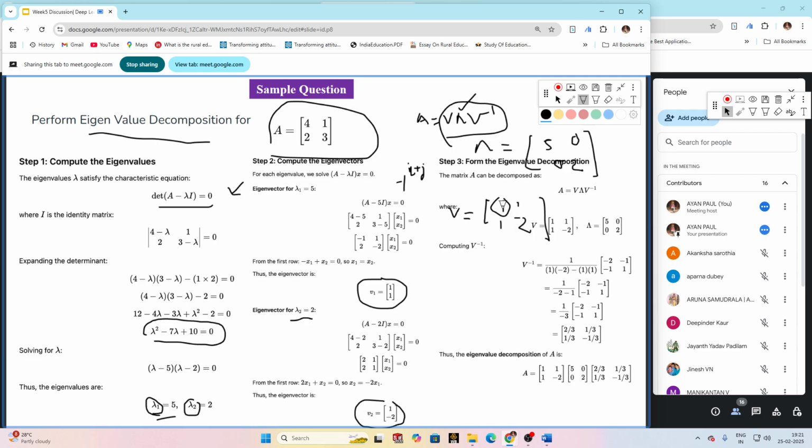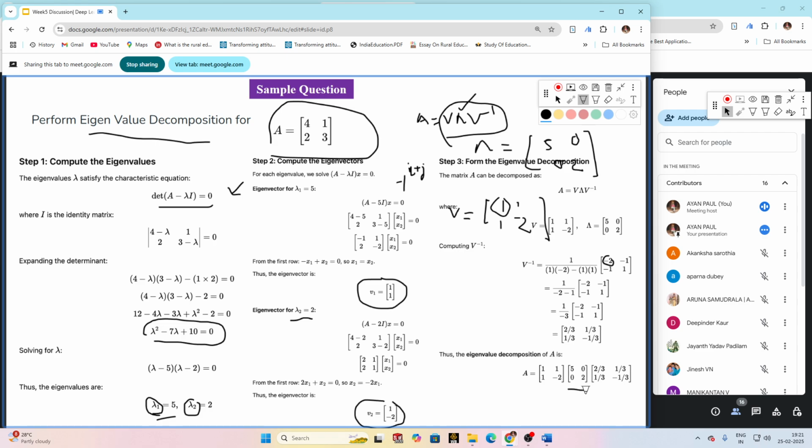For the element at index 1,1, 1 plus 1 is 2, so minus 1 squared is 1 only. So this element will be minus 2 only, and then you can find the cofactor matrix for all the indices, divide it by the determinant, and you will get the inverse.